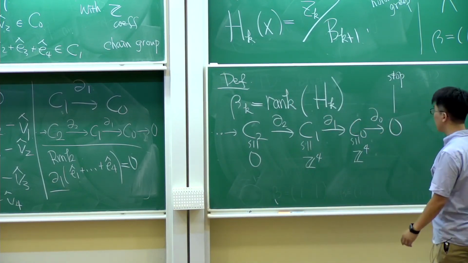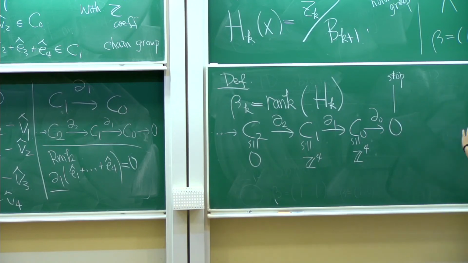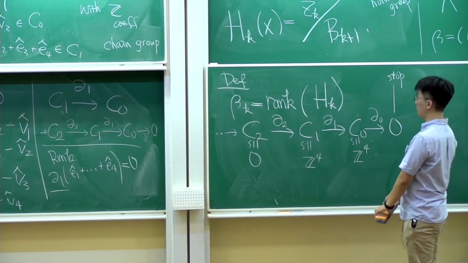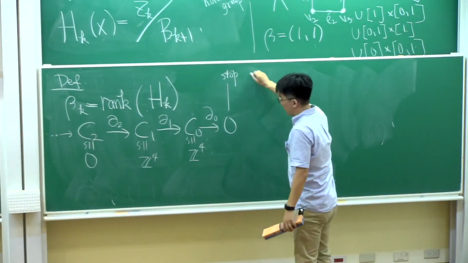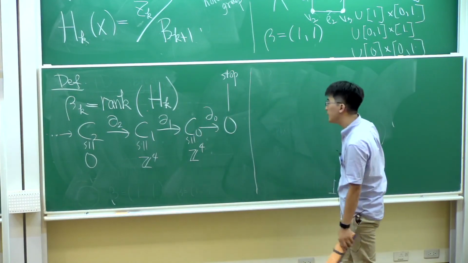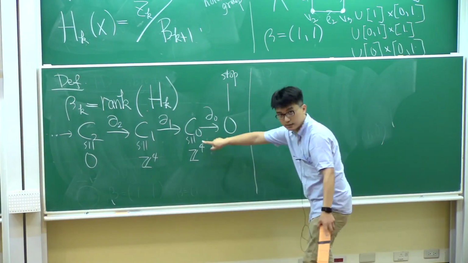Okay, but let's just keep looking at this. Now I have this relation. I have a boundary. What we really care about is this, right? So let's take a look at this thing here, C0.